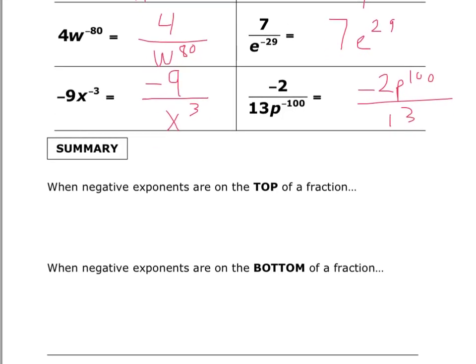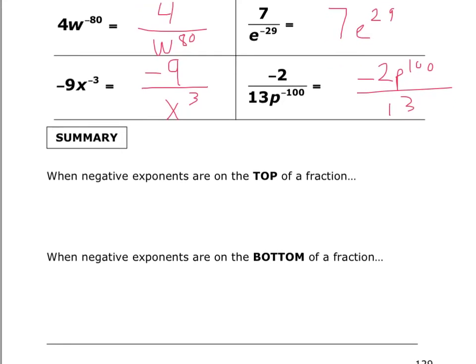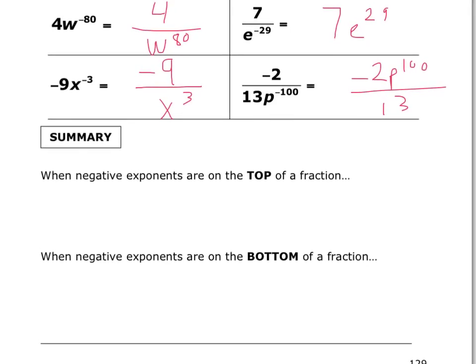To summarize, when your negative exponent is on the top of a fraction, let's say x to the negative 2 over 3, you're going to send him to the bottom. And if it's in the bottom, you're going to send it to the top.